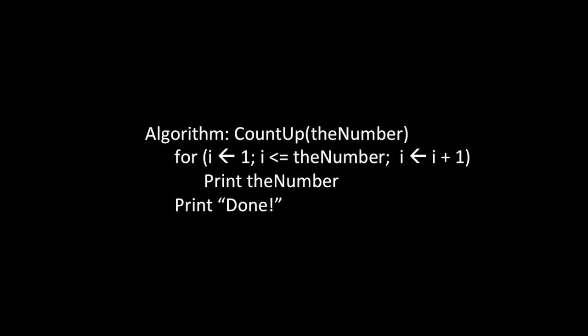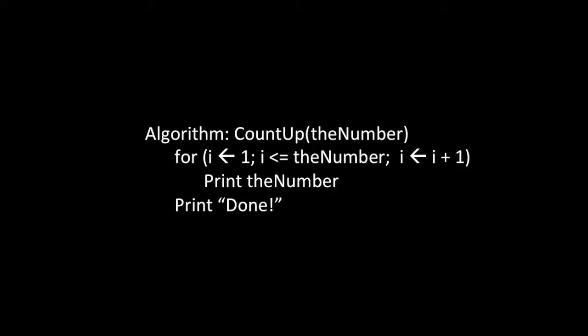So the first time we check to see if the loop should execute, if i, which is going to start out as 1, is less than or equal to the number, and so as long as the number is 1 or greater, it'll execute. So if all that's true, I'll print the number, which is the body of the loop, and then after executing the body of the loop, I'll increment i by 1.